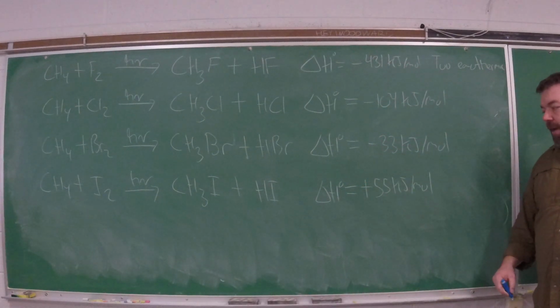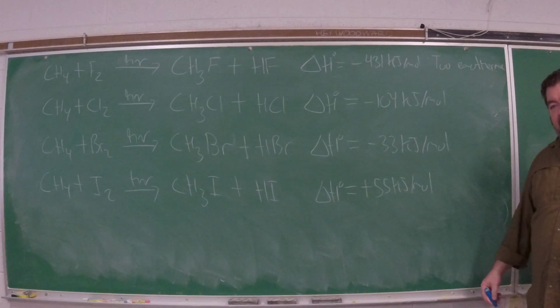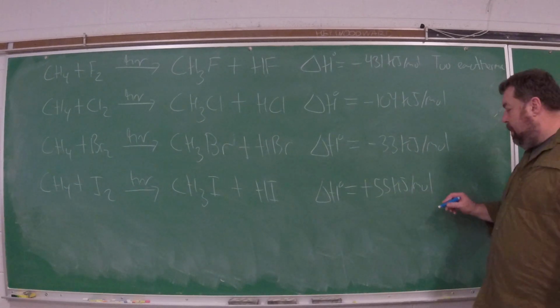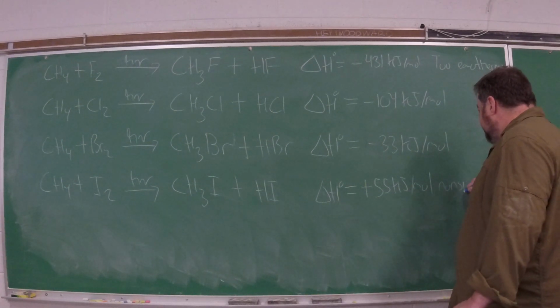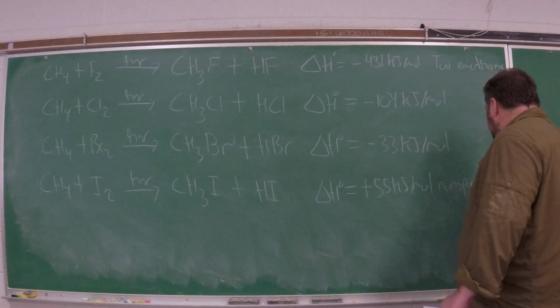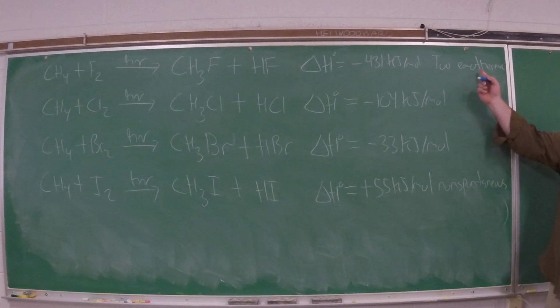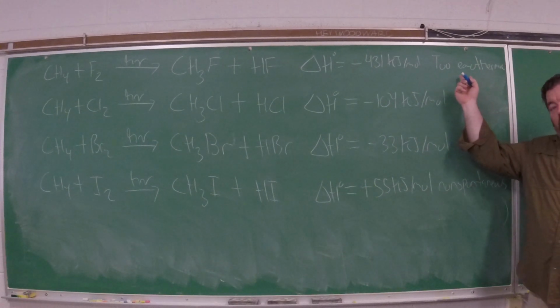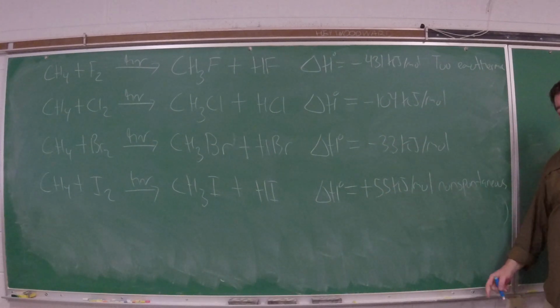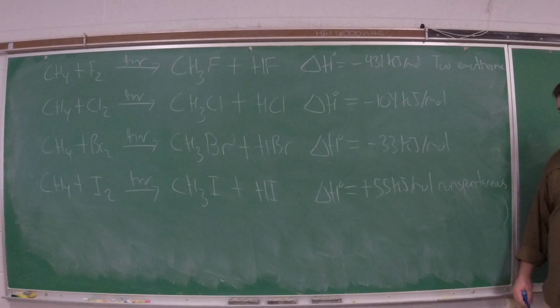So this one again, delta G is approximately delta H, right? So this is non-spontaneous. Okay? That's why we don't use iodine. Again, fluorine's too exothermic, iodine's non-spontaneous. That's why we don't use those in radical halogenation.